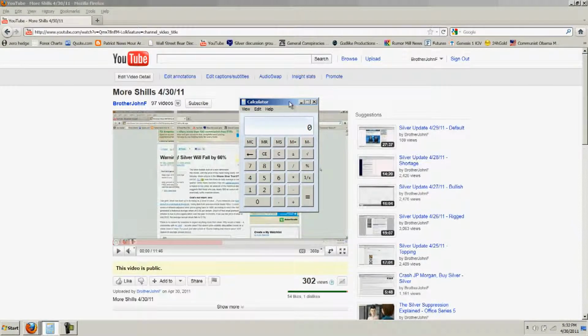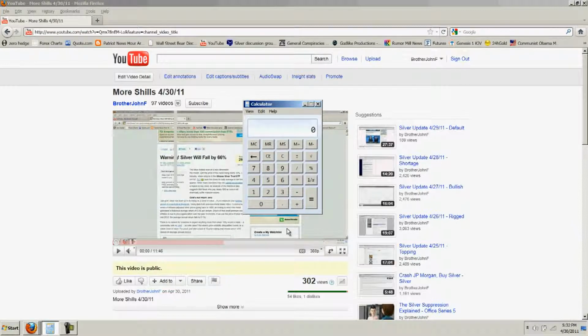I'm going to take just your ordinary Windows calculator, and I'm going to show you the time period that it takes to do 100 multiples.